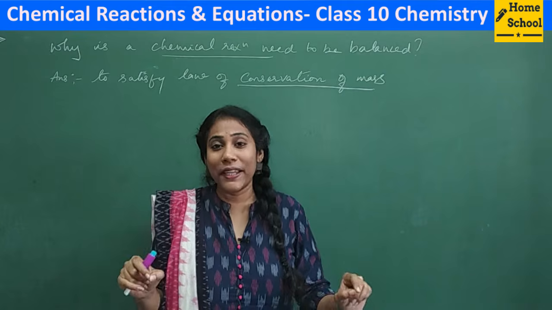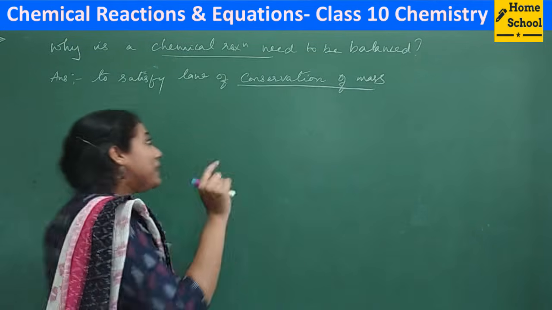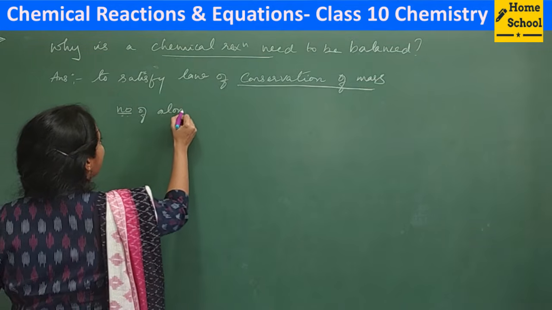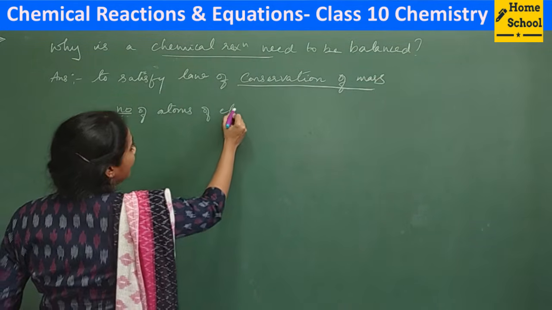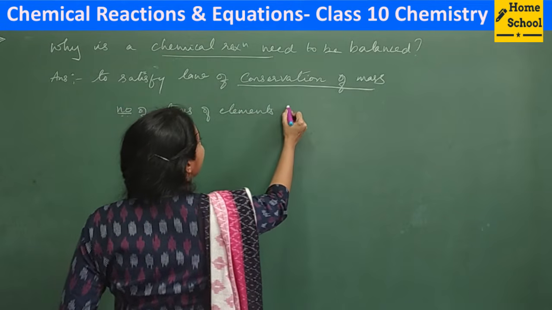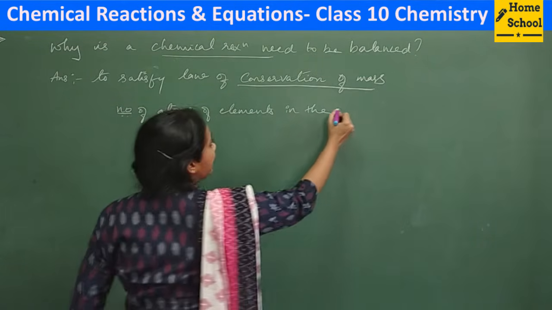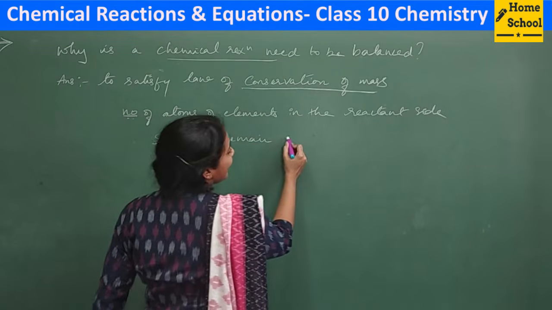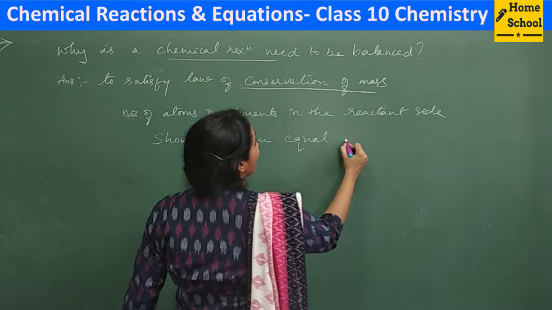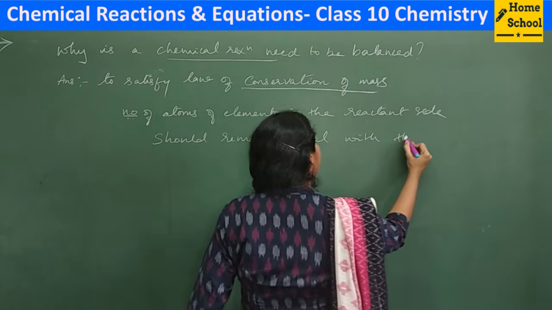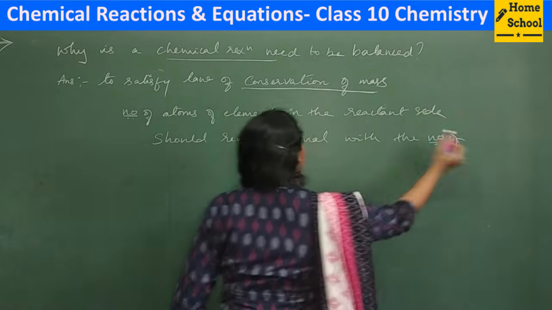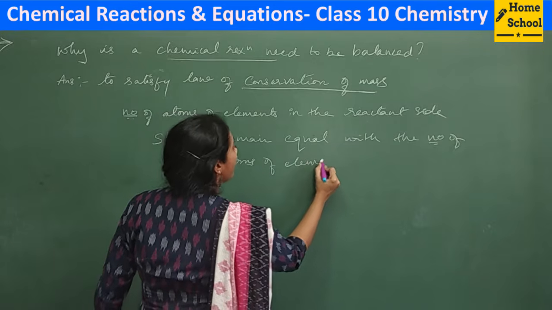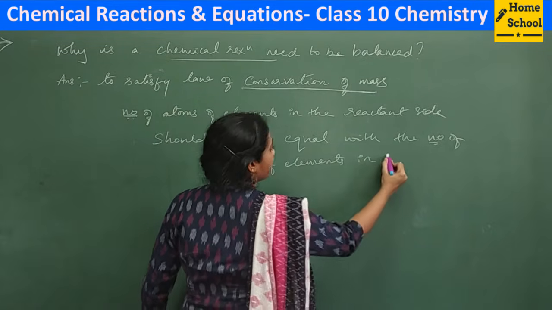Okay, in a simple way, it means that the number of atoms of elements in the reactant side should remain equal with the number of atoms of elements in the product side.